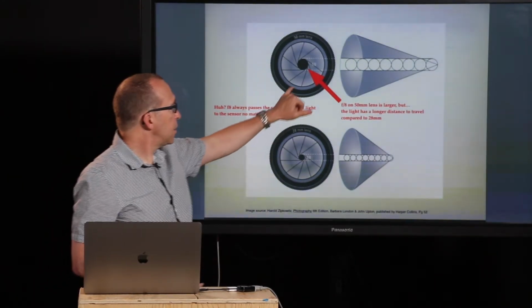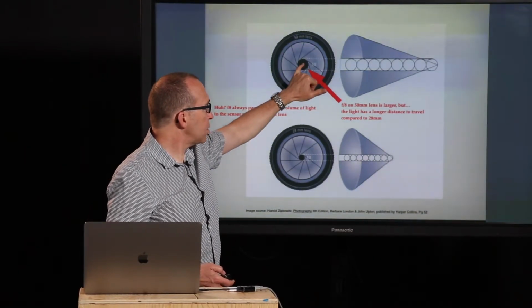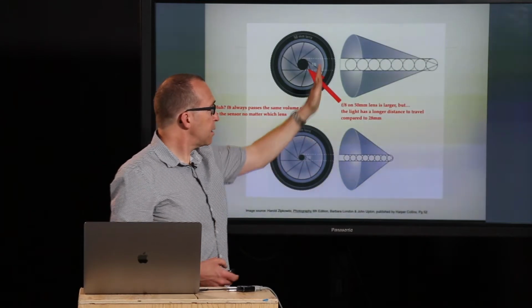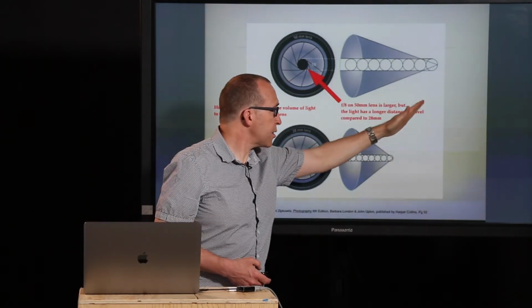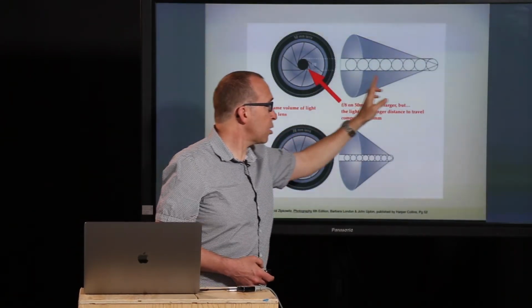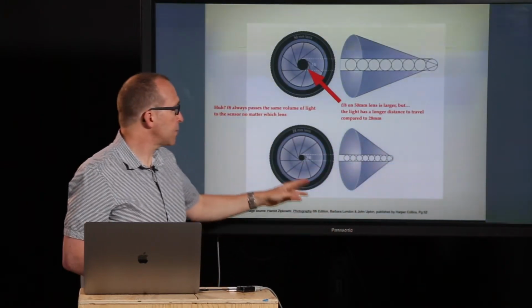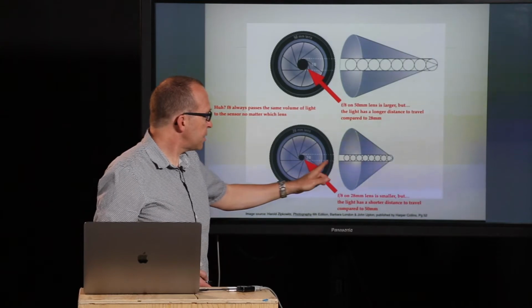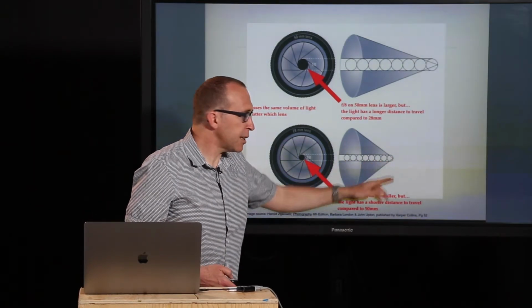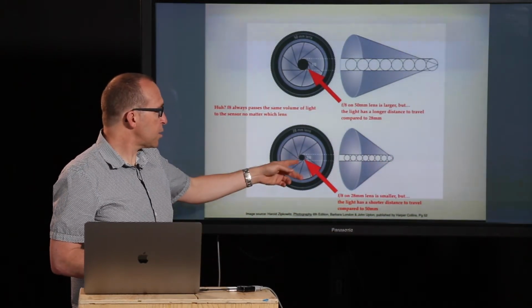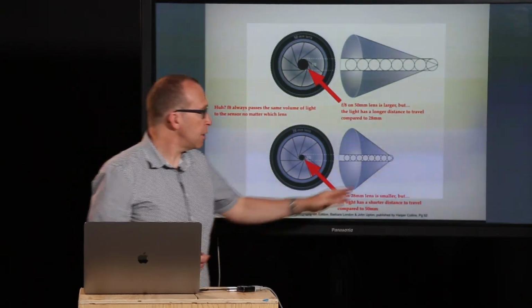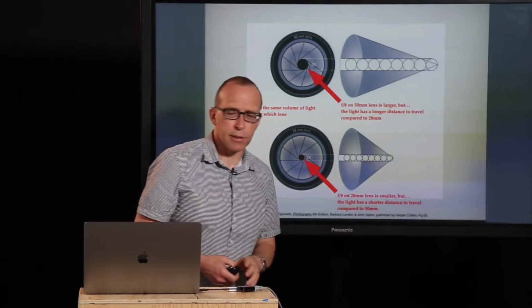However, this is a larger hole, but that light, if you remember what we said about focal length, the distance from the lens to the sensor, has a longer distance to travel. On a 28mm lens, the distance that the light has to travel to hit the sensor is much shorter. So the hole can be smaller. In fact, it needs to be smaller for those exposures to be consistent.